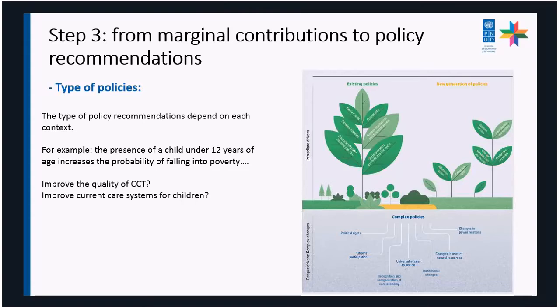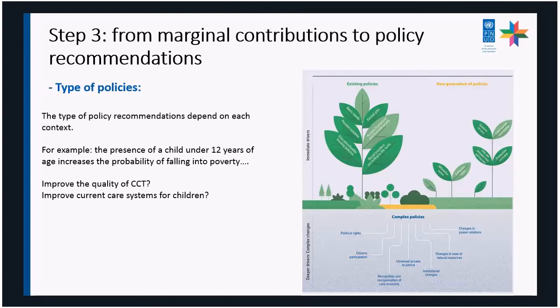So we have to think about the country that we are looking at and see which kind of policy it currently has for childcare. We need to improve the quality of the current conditional cash transfer, or it can be the case that they don't have a conditional cash transfer program.